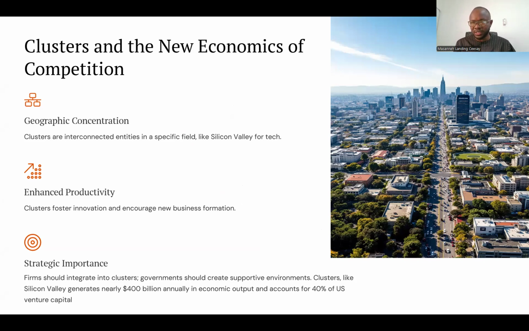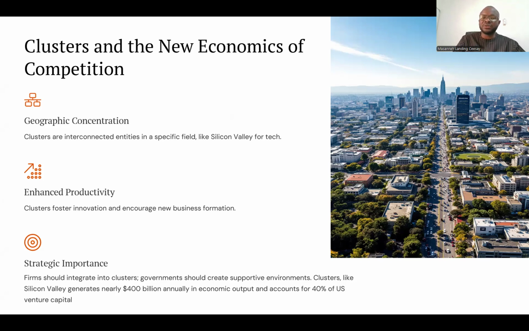Now, what this does is enhance economies of scale, and usually it enhances productivity significantly. An example of such a cluster is Silicon Valley, which is a cluster for tech. Silicon Valley generates $400 billion annually in economic output, and it accounts for 40% of US venture capital.